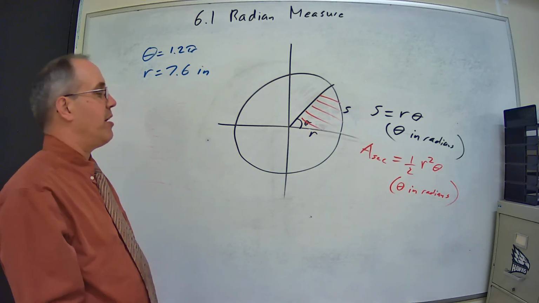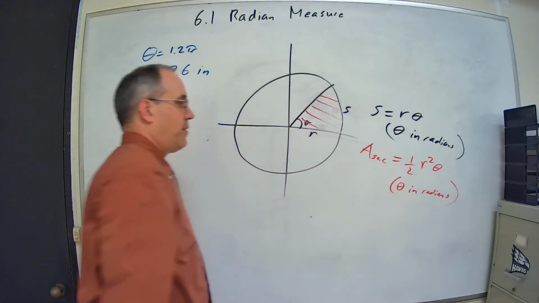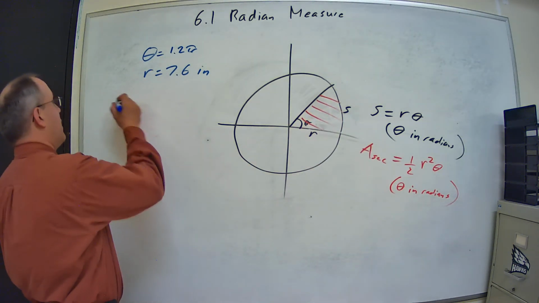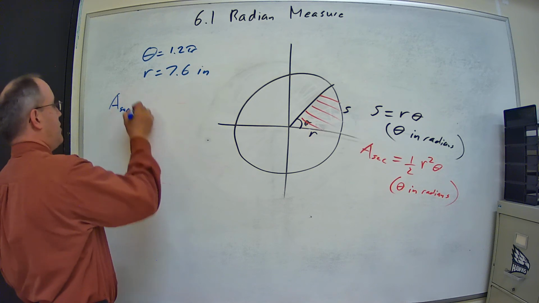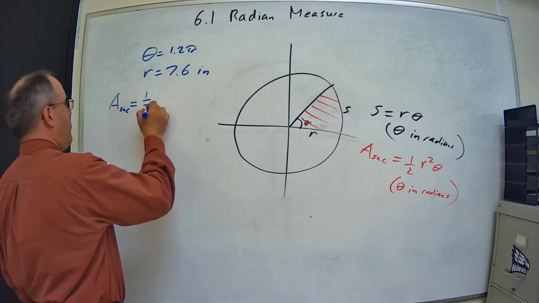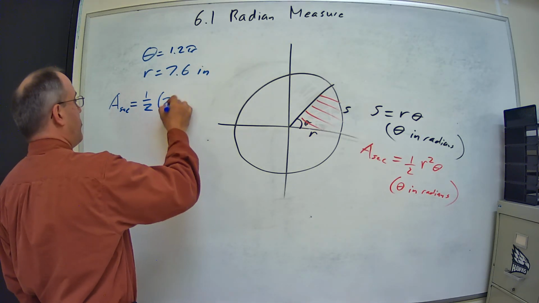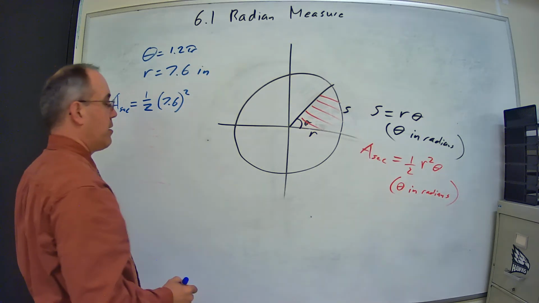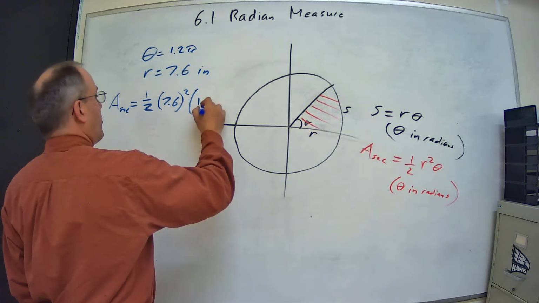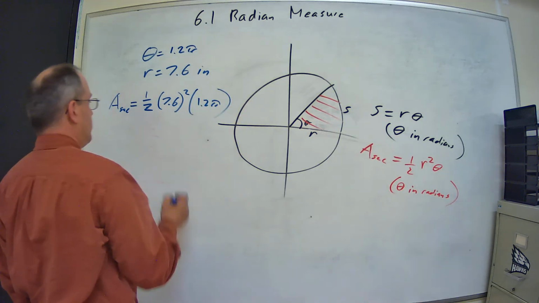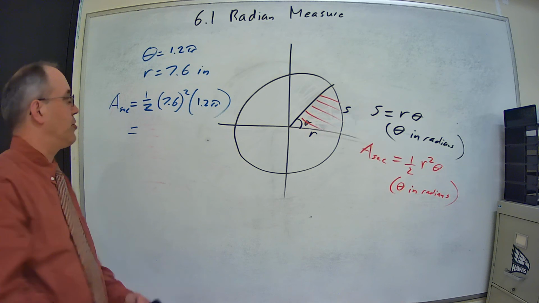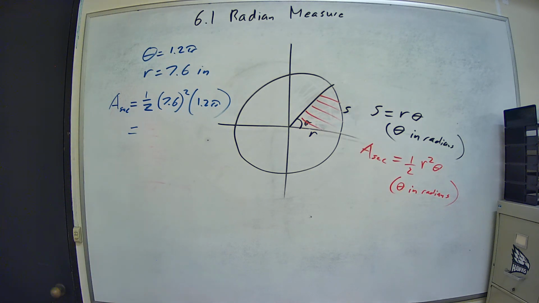Let's find the area of the sector. We just say area of the sector is equal to 1/2 times R squared, so 7.6 squared, times 1.2 pi is equal to, and for this I'm going to pull out my calculator.